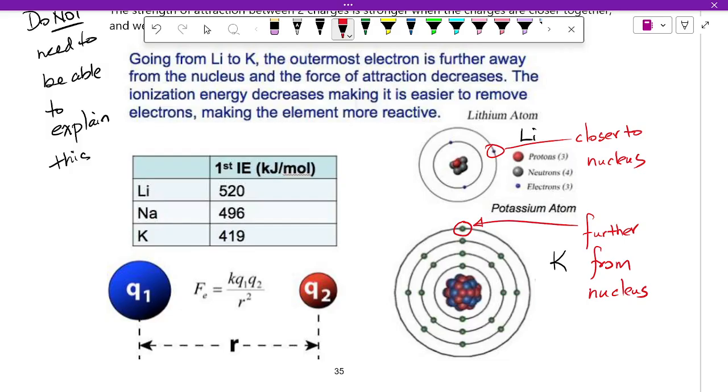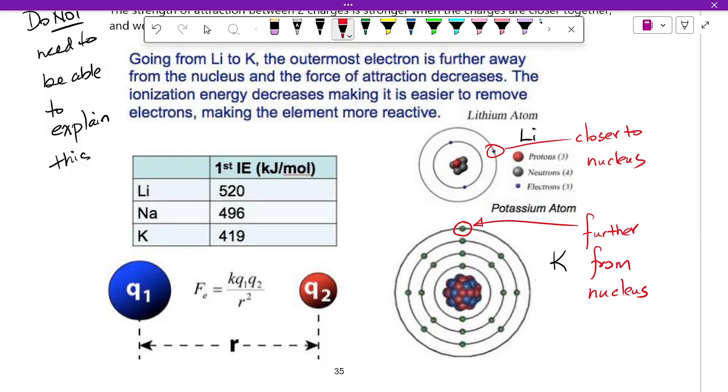So if I let go of this here, it will just attach. But if I let go of it here, the force is not strong enough to overcome the force of gravity. It has to be a certain distance and then it will snap together.